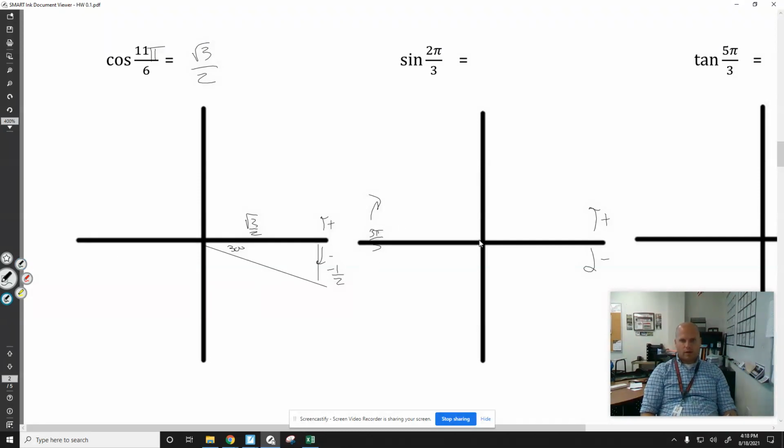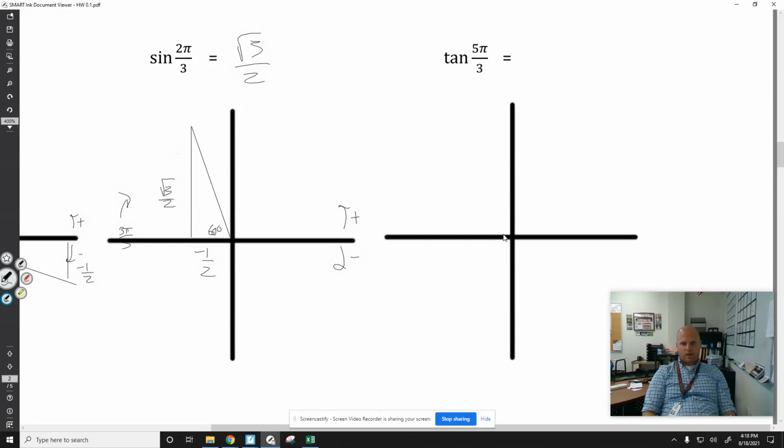So 2 pi over 3 right here, 60-degree angle. Longer side is going to be this side. The shorter side is going to be this side. I'm going to the left, which is why this is negative, but I'm going up, which is why this is positive. Sine, opposite, vertical, root 3 over 2.